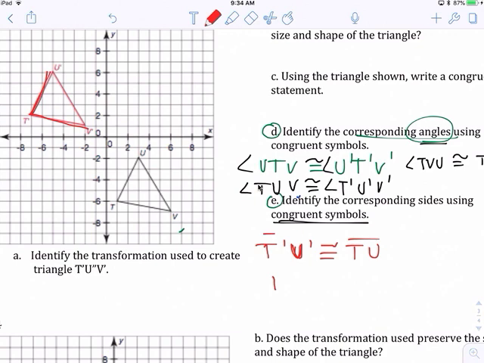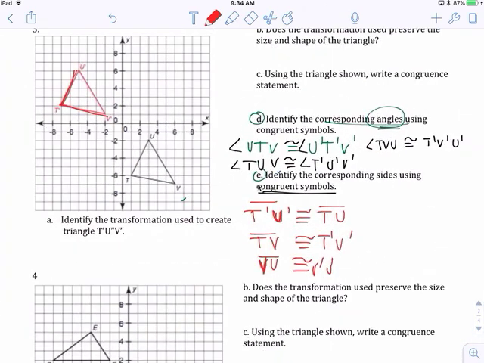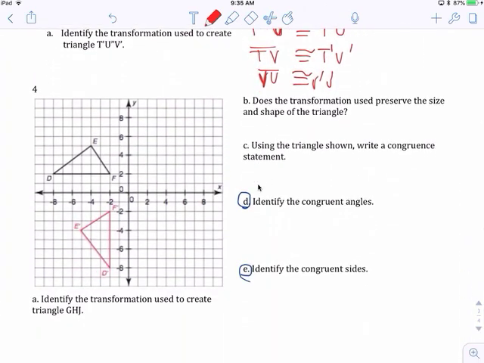Okay, and line segment T to V is congruent to T prime, V prime. And then the last one is V to U. Line segment is congruent to V prime, U prime. Easy, right? So you do that to all of these.